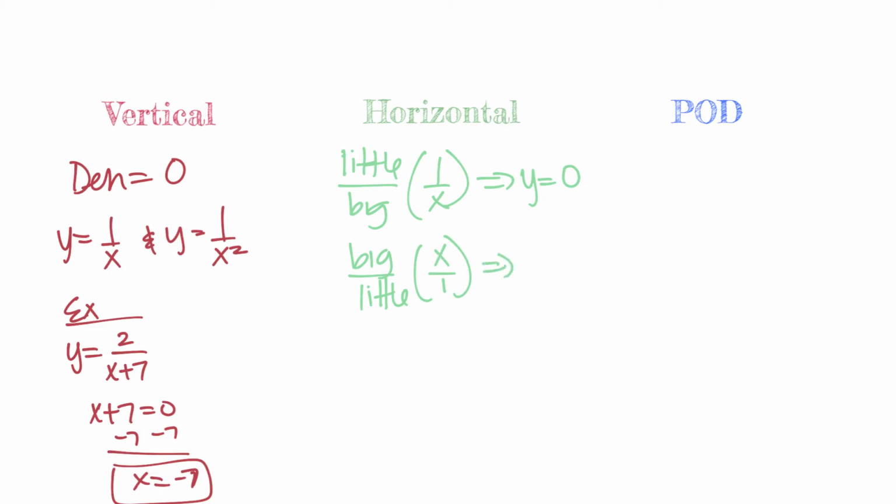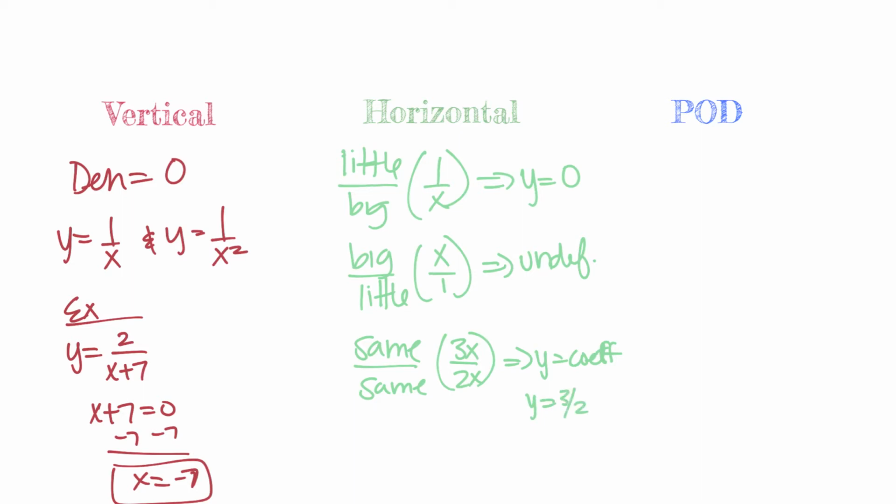And this is going to just get big without bound, so this is undefined. And then you have same over same, which means you have the same degree in the numerator as the denominator, so like 3x over 2x. And that's always going to be y equals the ratio of the coefficients. So for this example, y would be 3 over 2. So the numerator over the denominator, the coefficient of the like terms.